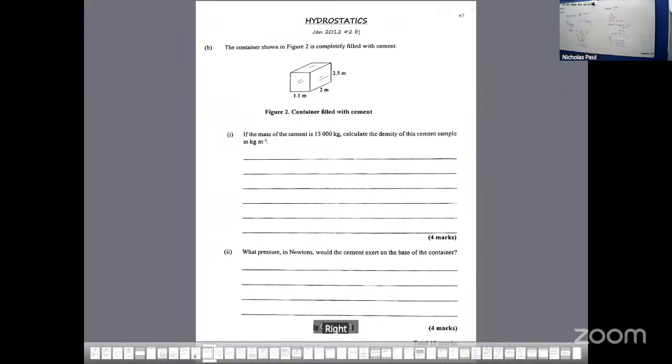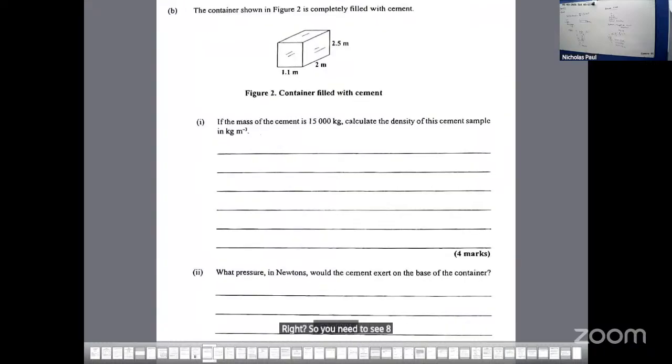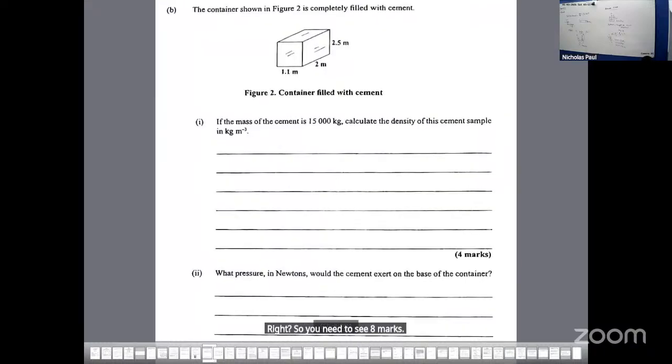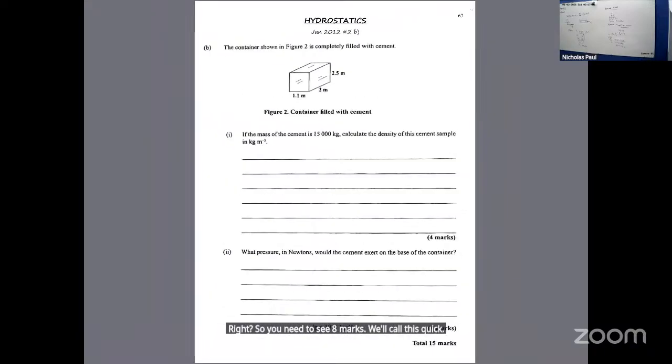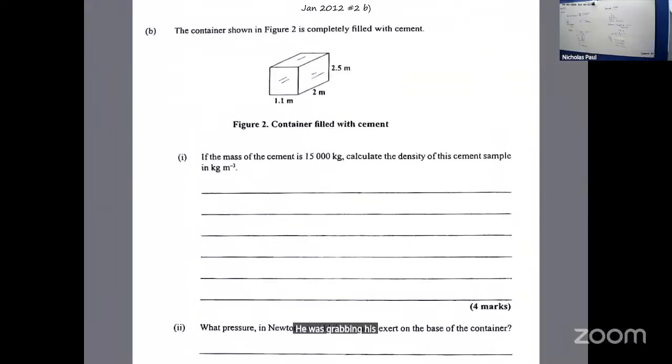Right, one for 8 marks, easy 8 marks. Who got this quick? Use gravity 10, right? Easy 8 marks. Right, work it out, message your answer, please.